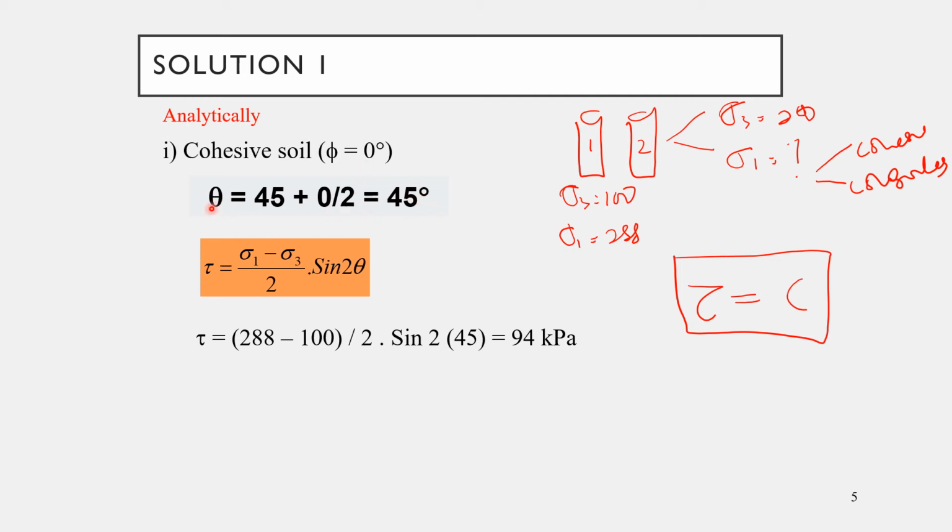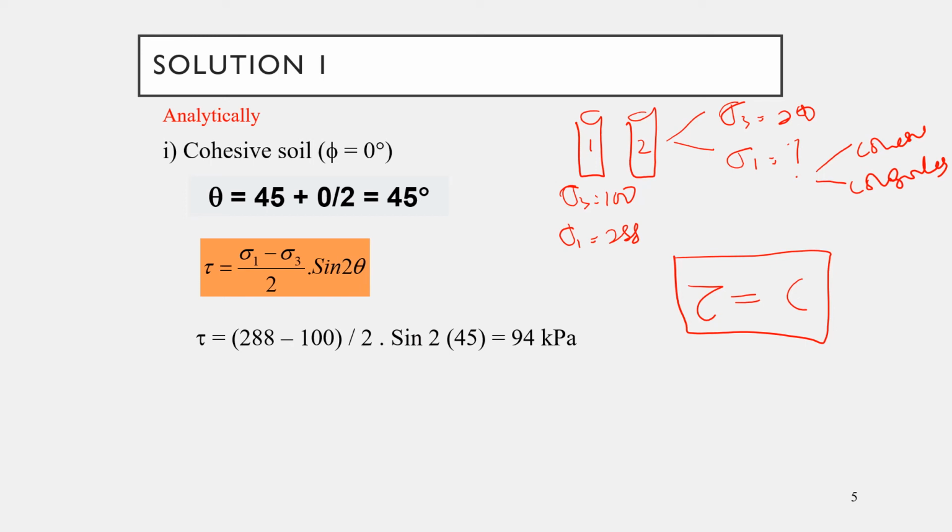Why do we have to find the angle of failure? Because we want to find the shear stress at failure using these equations. So we put in all the information for sample number 1: sigma 1 is equal to 288, sigma 3 is equal to 100, divided by 2, multiplied by sin 2 theta. So you get 94 kilopascal.